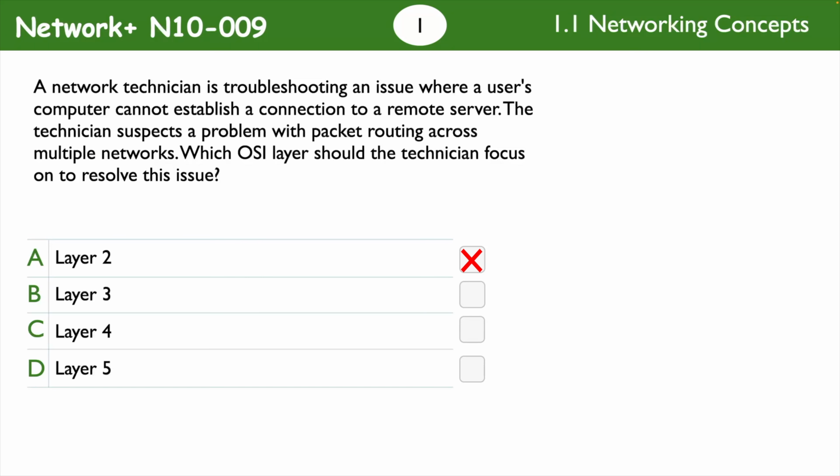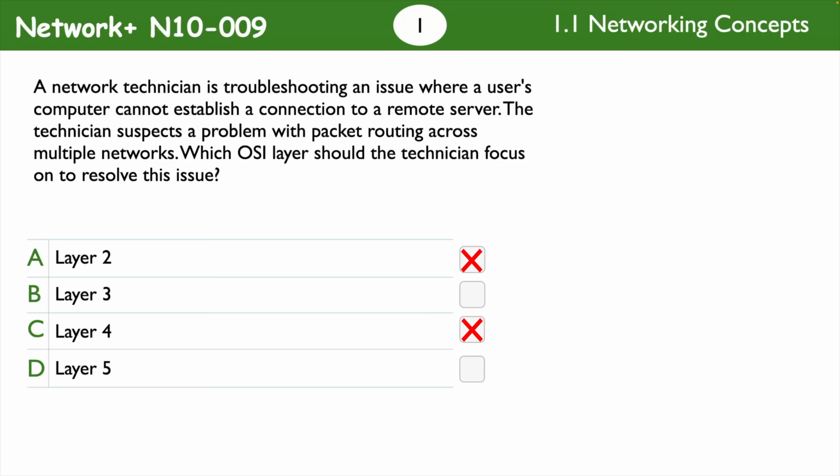First, we're going to eliminate A. Data link is responsible for local communication and data transfer between devices on the same subnet, but does not communicate across networks. Next, we can go ahead and eliminate C. The transport layer ensures reliable data transfer, error checking, and flow control between devices, but that one also does not route traffic across networks.